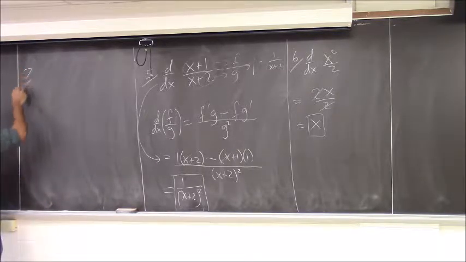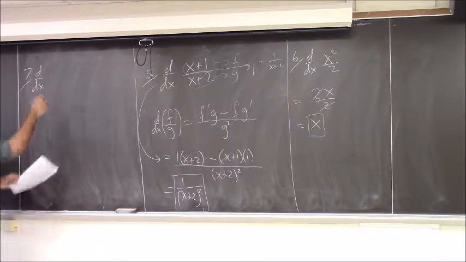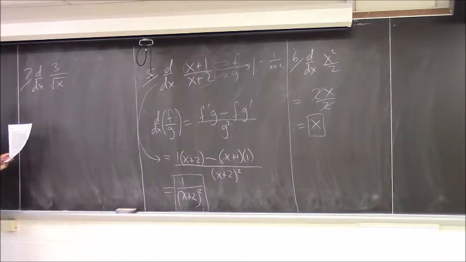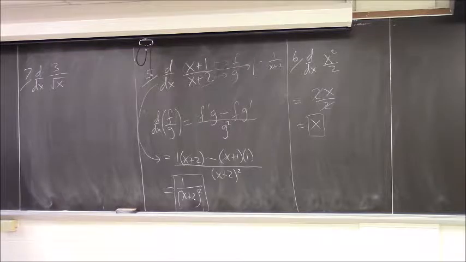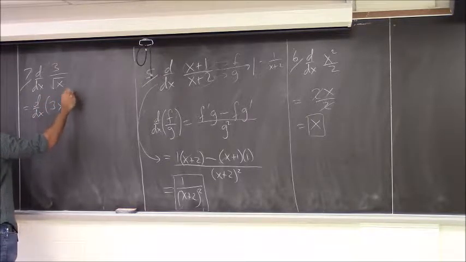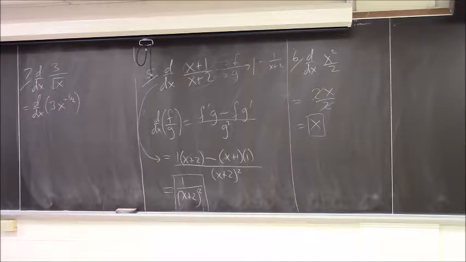What about 7? What is the derivative of 3 over radical x? Could you rewrite it as 3 times x to the negative 1/2? I would. So this is 3 times x to the minus 1/2, which wouldn't go through the quotient rule.